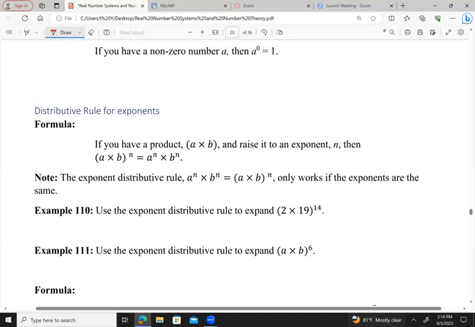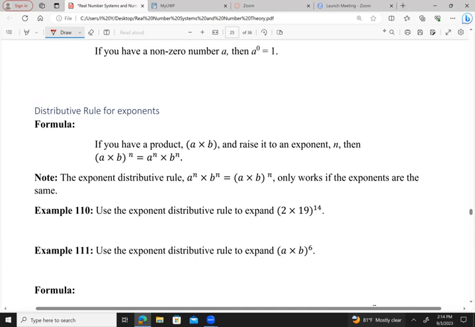Please note this is a times b, not a plus b. The exponent distributive rule, a to the n times b to the n equals a times b to the n, only works if the exponents are the same.